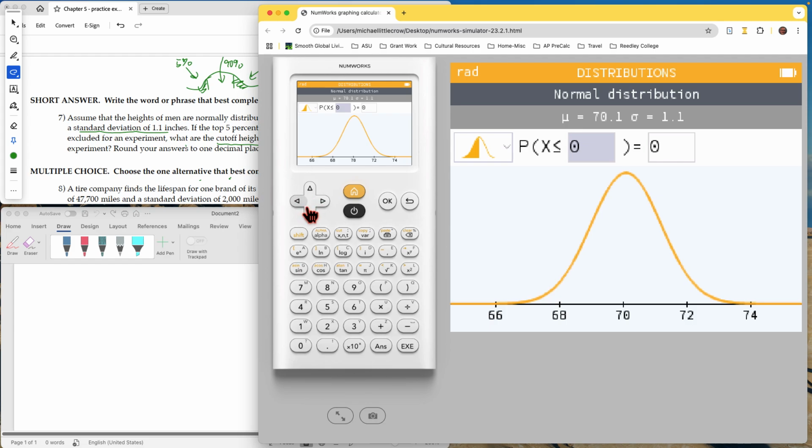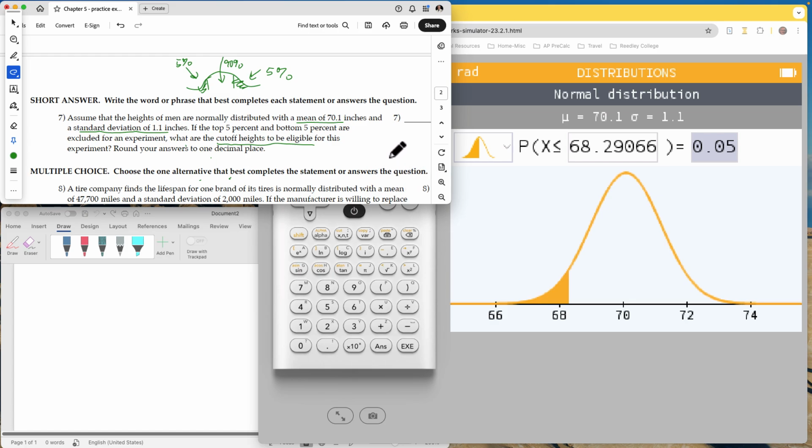You could say, okay, the less than part is going to be 5%, 0.05. So the one cutoff is 68.3 to 1 decimal places. 68.3, so you have to be at least that height.